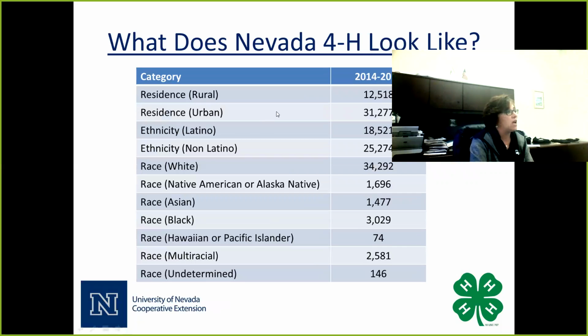But you can see we've got almost triple the number of youth involved that live in urban settings compared to those in rural settings in Nevada. We have a fairly even split, Latino versus non-Latino, and you can see the racial breakdown.